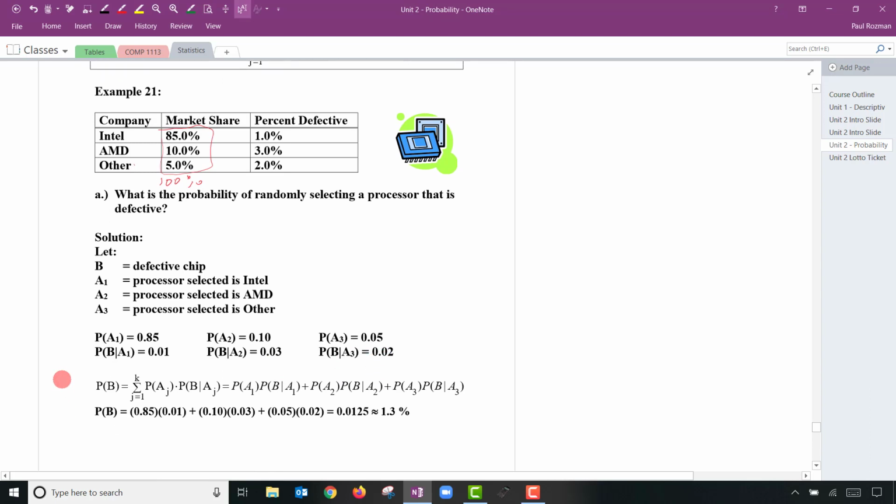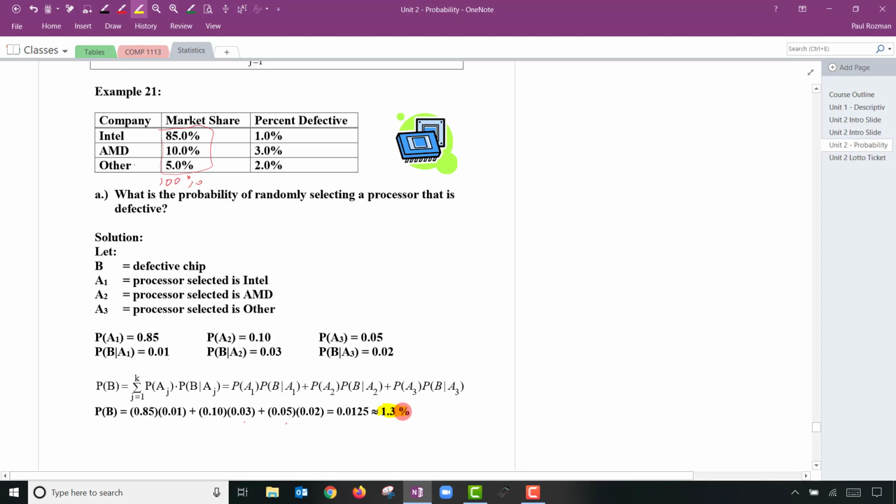To find the total probability of being defective, we simply take those products. What's the probability of it being Intel times the probability that it is defective from Intel? So 85% times 1%. And we just continue on. 10% times 3%, and 5% times 2%. And we add them all together, and we got 1.3%.